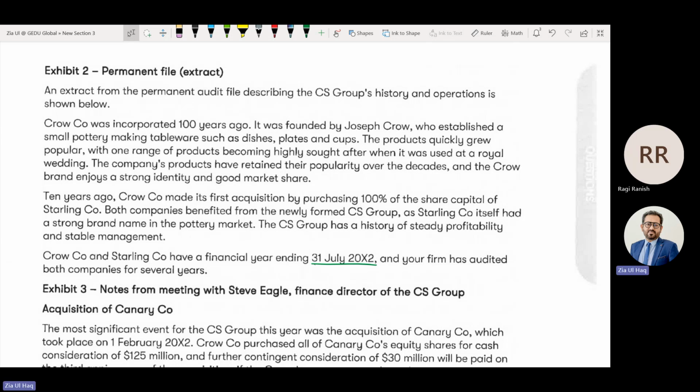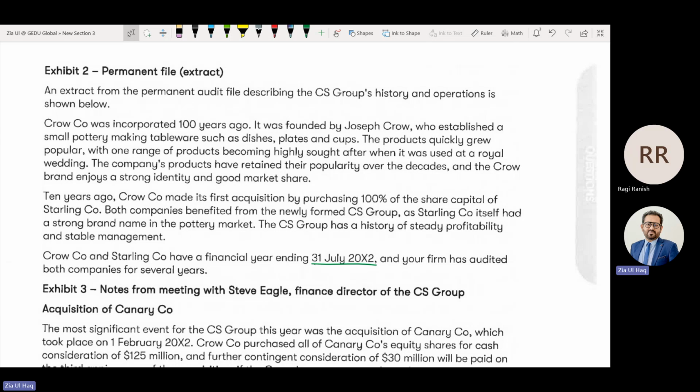Both companies benefited from the newly formed CS Group. Crow, C, Starling, S, so they named it CS Group. As the Starling Company itself had a strong brand name in the pottery market, the CS Group has a history of steady profitability and stable management.